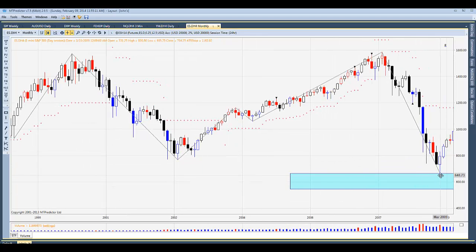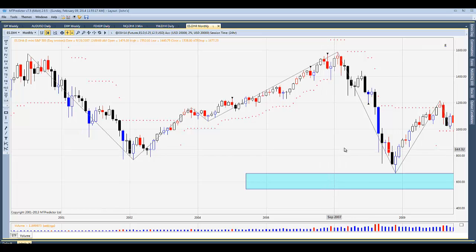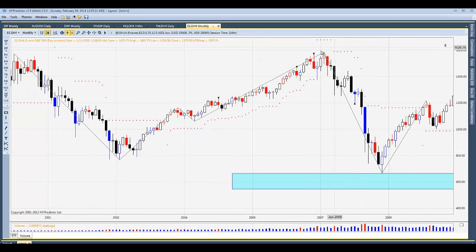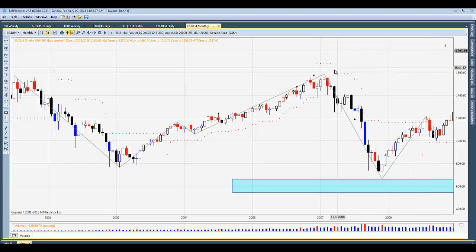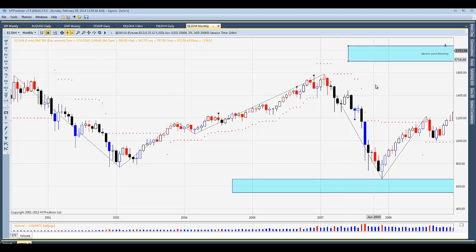We had that level on the chart ahead of time, and what the market did was come right, to the tick, to the top end of the support, and that's where the rally began from. Now we have a new major swing high into this low, so we're going to take our decision point tool again. Right click, choose decision point, and this gives us a level of major resistance on the monthly chart.